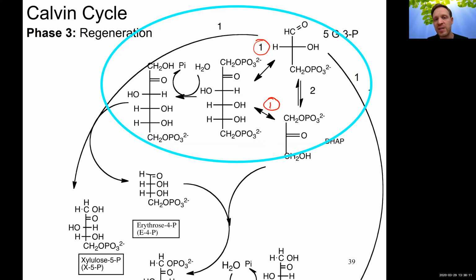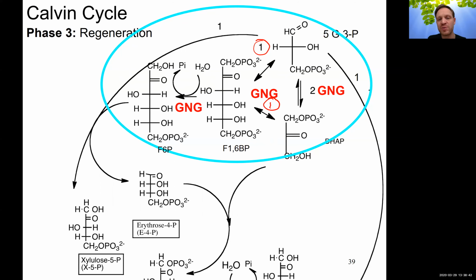We're doing an aldol condensation of these 2 3-carbon intermediates. What we get is a 6-carbon intermediate: 1, 2, 3, 4, 5, 6 carbons. We have phosphoryl groups at the C1 and the C6. We have our keto function here. And then if you look at the positions of your hydroxy groups here, left, right, right, you should be able to actually recognize what this is, right?